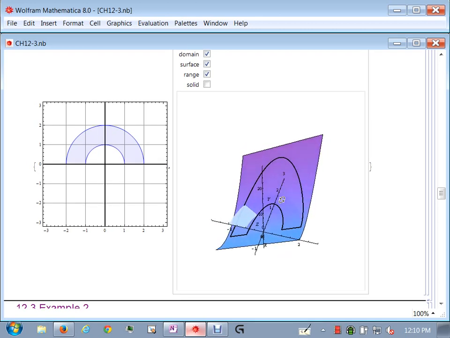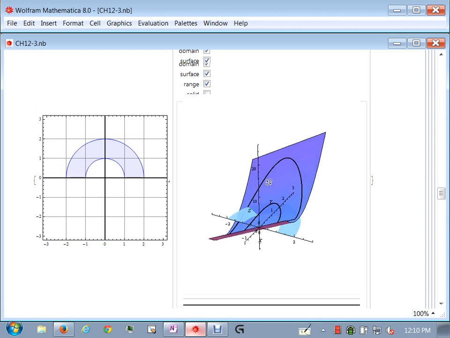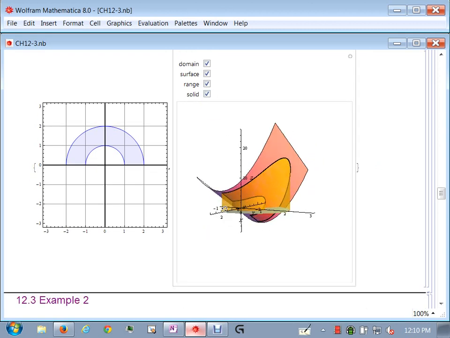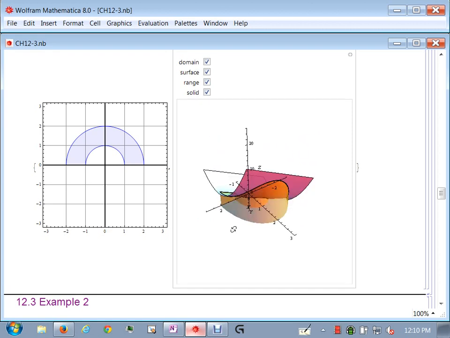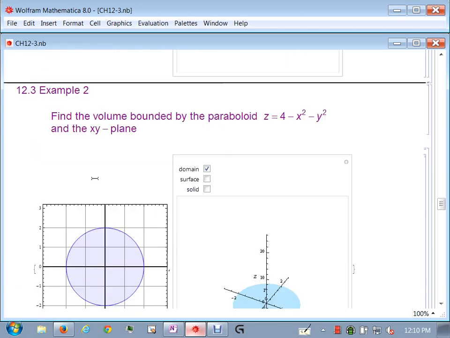That would be the image of that shape up into the surface. And then you find the volume of the solid below that. So on a test, the first step is to set up the region and draw the region. And the work involved is just going to turn out to be an integral.